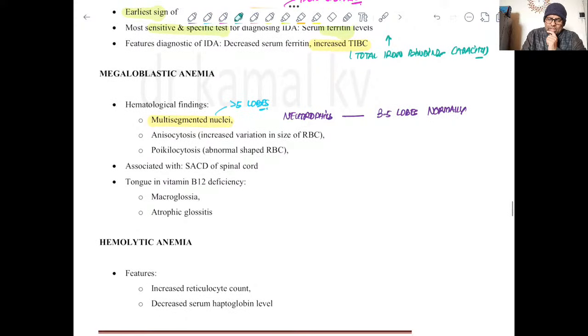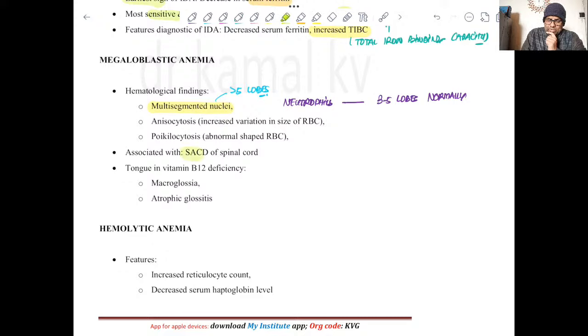Then one neurological condition which is associated is subacute combined degeneration.